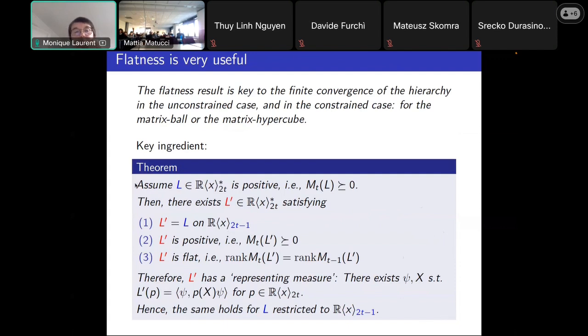What is shown, this theorem here, suffices to show the Helton-McCullough result in the unconstrained case. And in the constrained case, you have to work a bit harder and be a bit more careful, but somehow things just work. It's written in my set of lecture notes, but I just don't have it now. But it's a very happy situation that it works for the ball and the matrix hypercube.